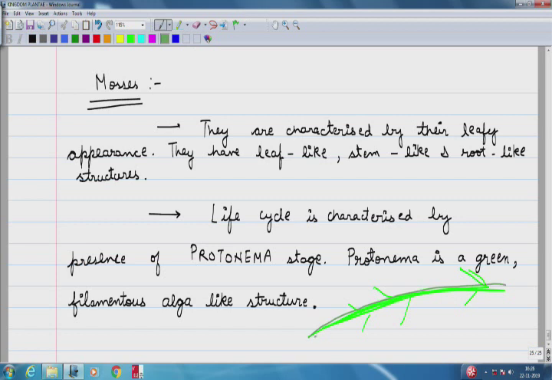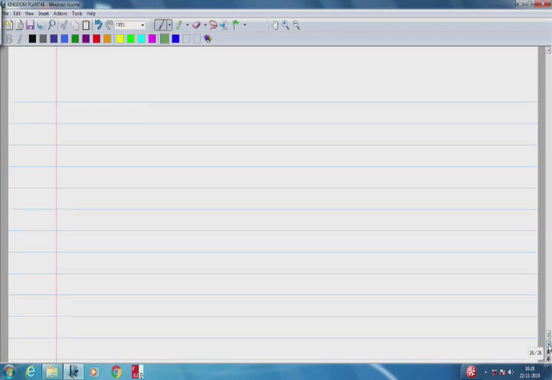So basically, algae are the ancestors of bryophyta. This is proved by the protonema stage. This is a question that comes in the NEET examination. Algal ancestry is proved by the presence of the protonema stage in mosses.